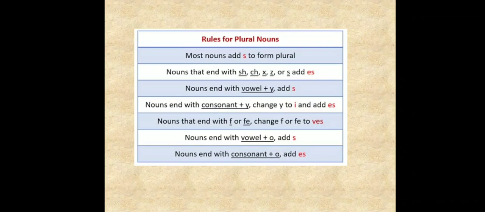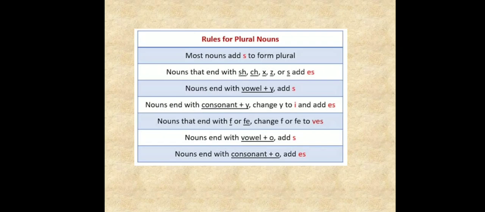So what did we see in the rules? First, we add S to almost all the nouns when we make them plural. Then for words ending with SH, CH, X, Z or S, we add ES to make them plural. When we see words ending with vowel plus Y, like key, we add S and it becomes keys.